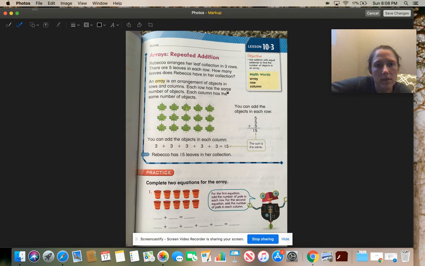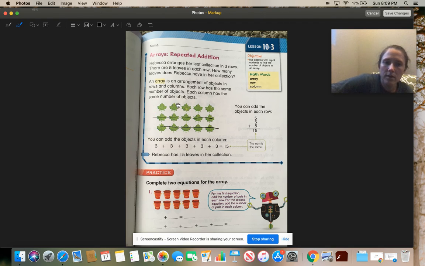An array is an arrangement of objects in rows and columns. Each row has the same number of objects and each column has the same number. She had 3 rows, so these are going across: 1 row, 2 rows, 3 rows. And in each row there are 5.